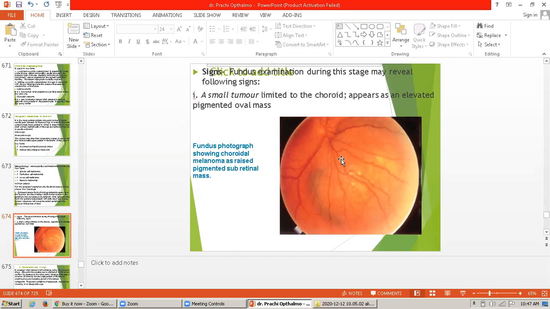These fundal photographs show a choroidal melanoma as a raised pigmented subretinal mass. So this is a diagram where the fundus photograph shows a choroidal melanoma as a raised pigmented subretinal mass.